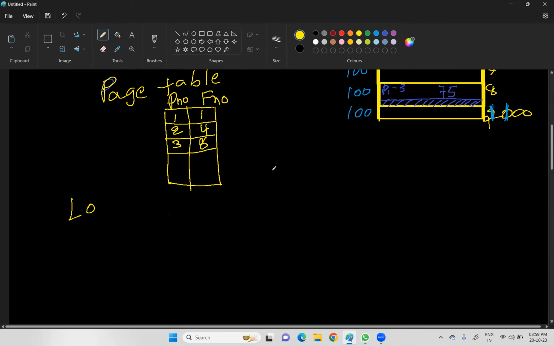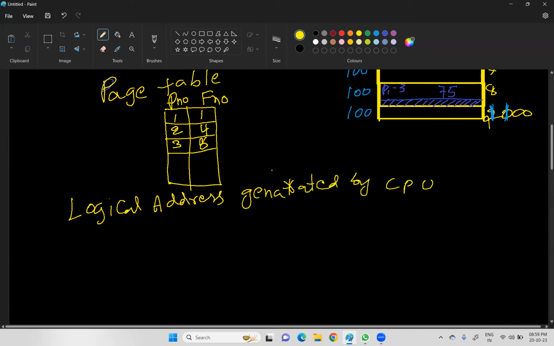The logical address generated by the CPU always has two portions.